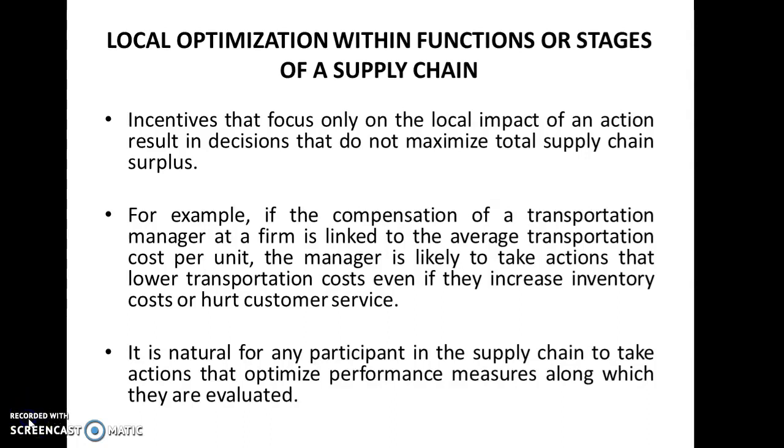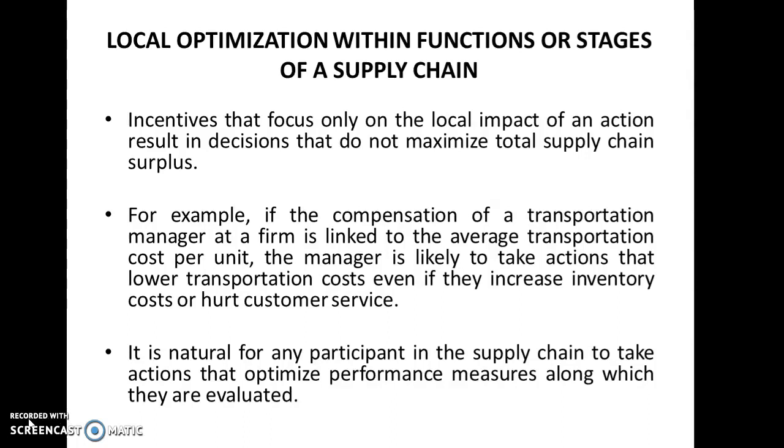For example, if the compensation of a transportation manager in a firm is linked to the average transportation cost per unit, the manager is likely to take actions that lower transportation cost even if they increase inventory cost or hurt customer service.